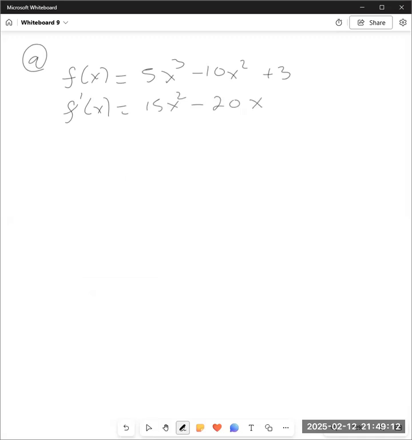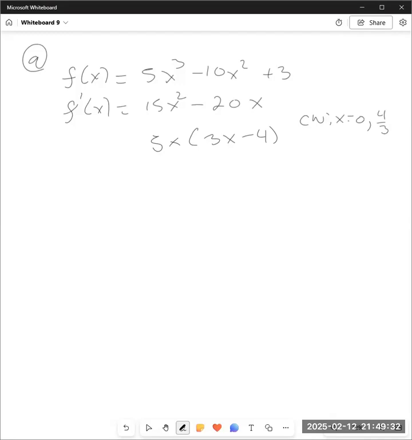Nine says f of x is equal to 5x cubed minus 10x squared plus 3. f prime of x is equal to 15x squared minus 20x. I factor out 5x. The remaining factor is 3x minus 4, giving me critical numbers of x equals 0 and 4/3.